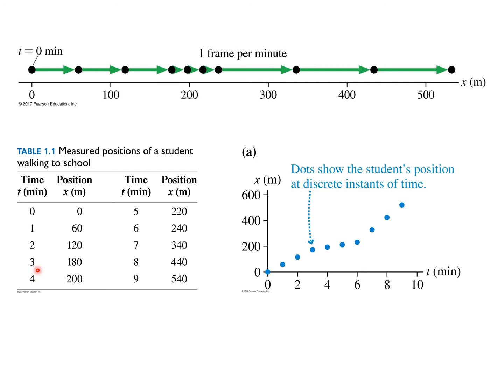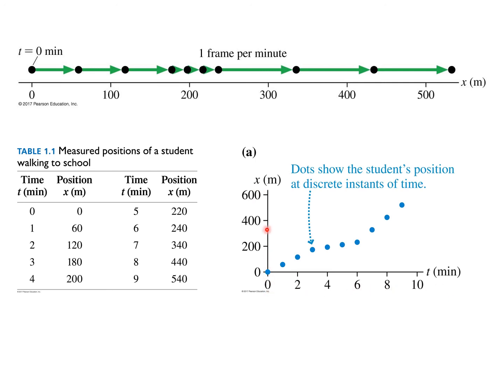Like I said, what we're going to be getting into is looking at how to use position versus time graphs to get information about the velocity and the acceleration. As a table, this doesn't really help me out, but I can put that in a position versus time graph.